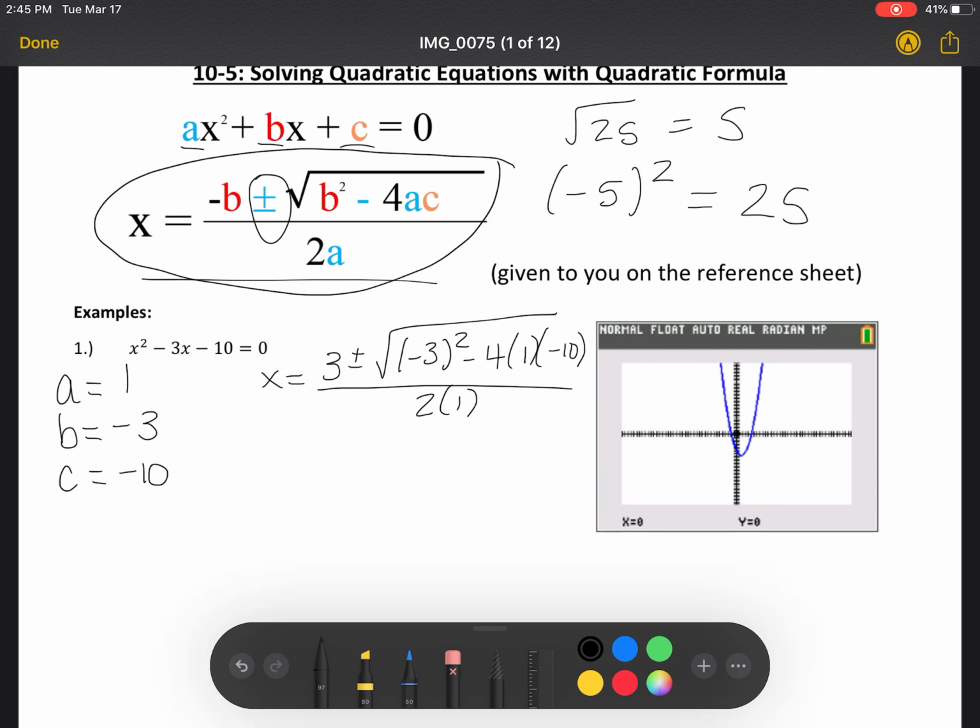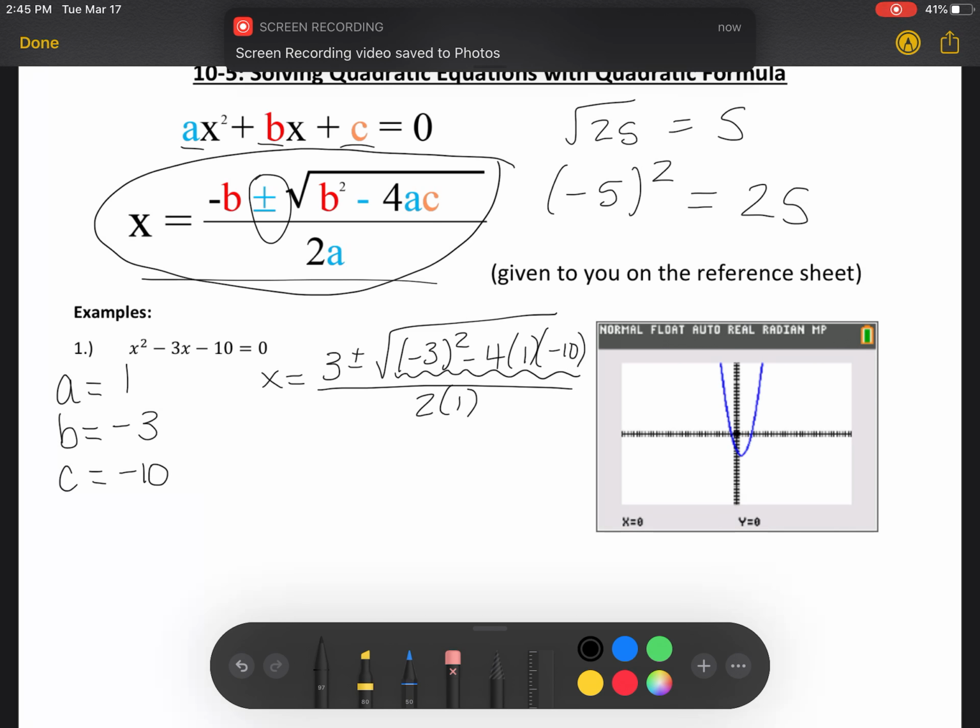From here, what I want you to do is evaluate everything under the square root symbol. You can type that whole thing into your calculator, but what I don't want you doing is typing the square root symbol into your calculator yet. So go ahead and type in negative 3 squared minus 4 times 1 times negative 10 into your calculator. You should be getting 49.